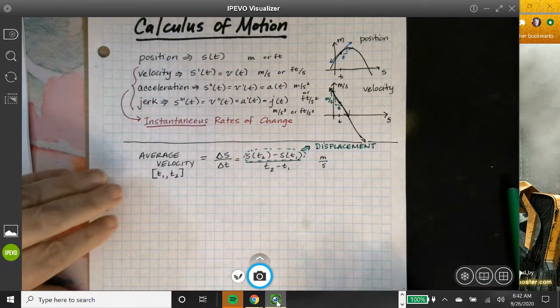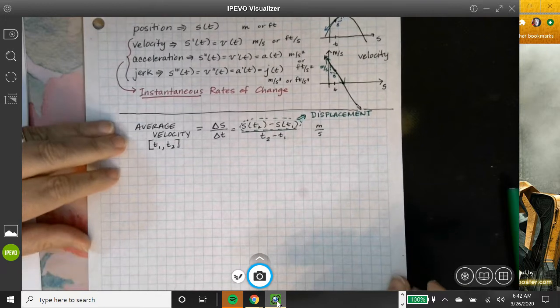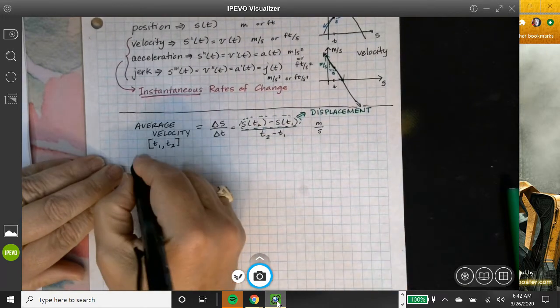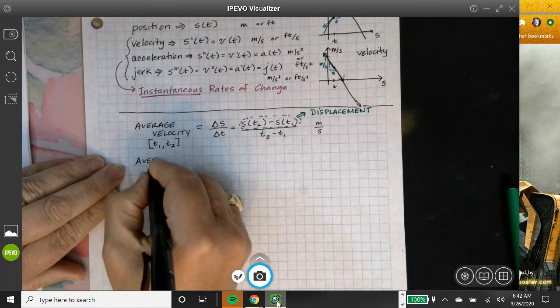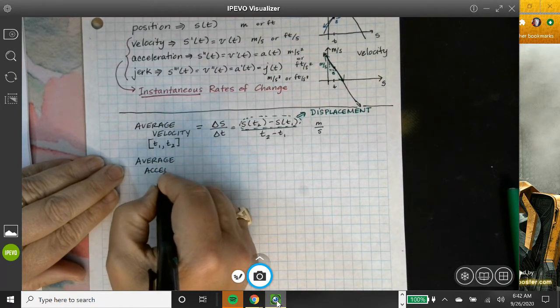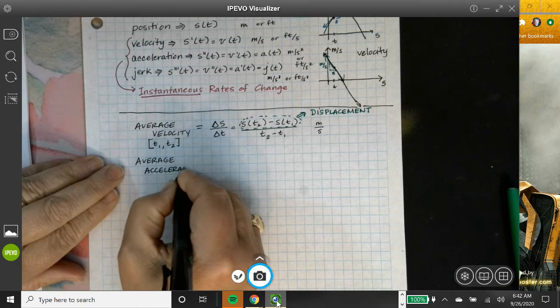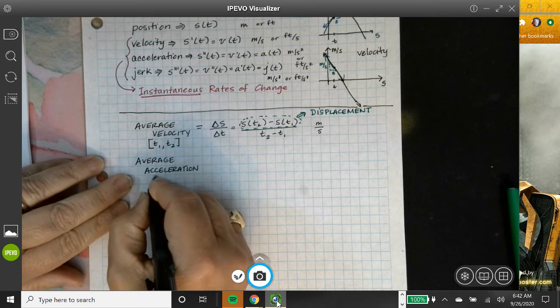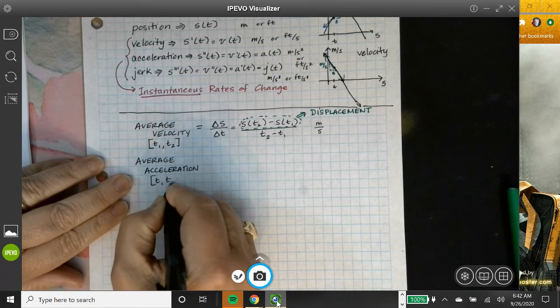All right. So similarly with velocity, there's an average acceleration. And that too is over an interval of time.